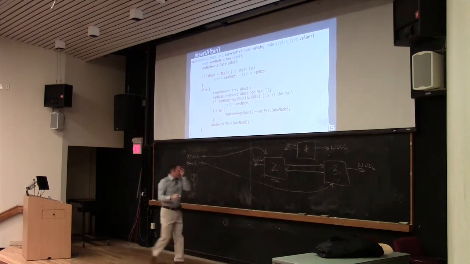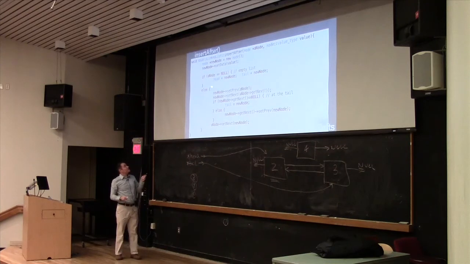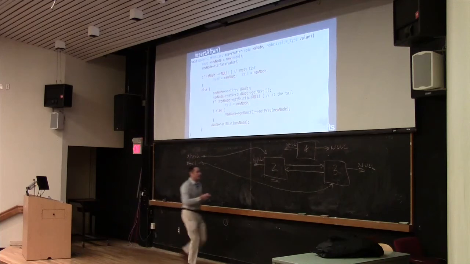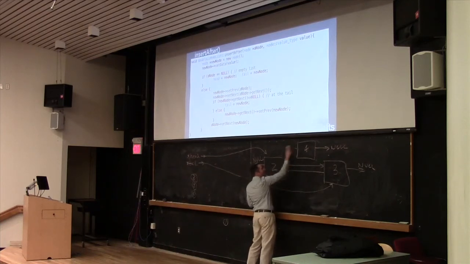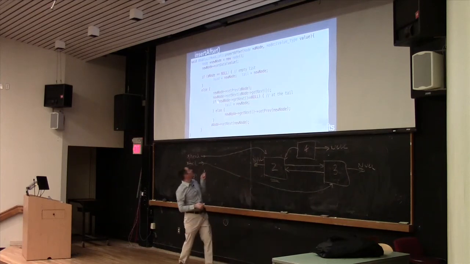OK, and we're going to come down and say, is the node that we passed in, this one, equal to null? No, it's not. So let's go down here and do this. The new node set previous equal to the node that we passed in. OK. So our previous is not going to point to null anymore. It's going to point to here. OK.